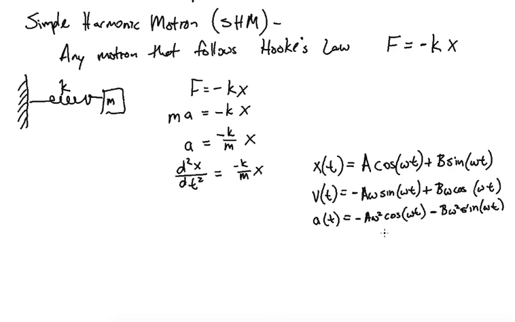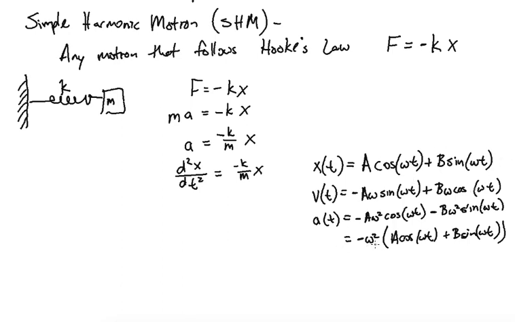And if you look at this, if I bring this omega out in front, it's negative omega squared times a cosine omega t plus b sine omega t, which if you look at this little part in the parentheses is our original equation here.